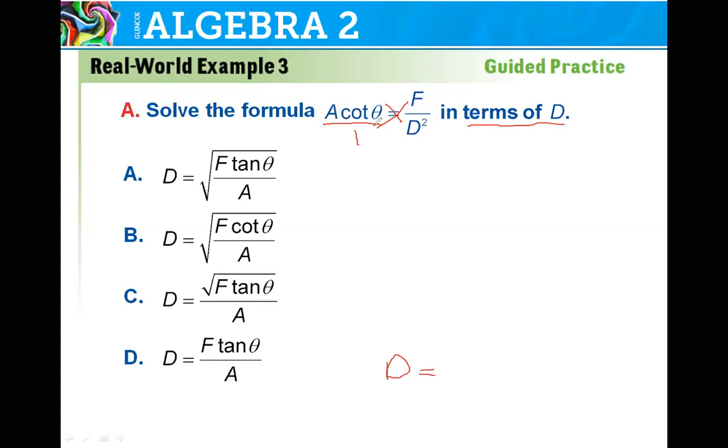Pay attention. This is a cross multiplication. I need D power 2 without any other number. So I write D power 2 equals F times 1 divided by this. F times 1 means F, since any number times 1 is the same number, over A cotan theta.